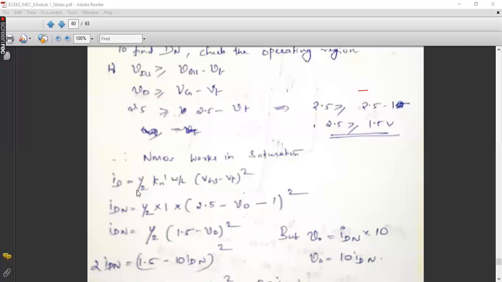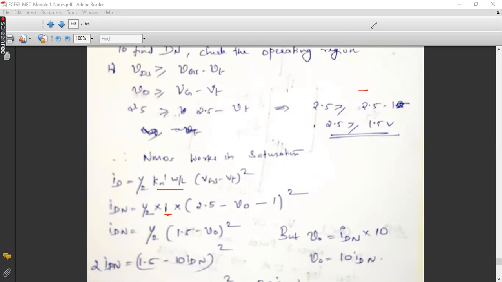Now write the equation for ID. Specifically, I will put IDN because in this case we are having only NMOS with us. So IDN equals half into Kn dash W by L, which is already given as 1. Don't convert milliampere into ampere, otherwise it is difficult to solve. So we can expect our answer in milliampere itself. I will put Kn dash W by L as such, into VGS.